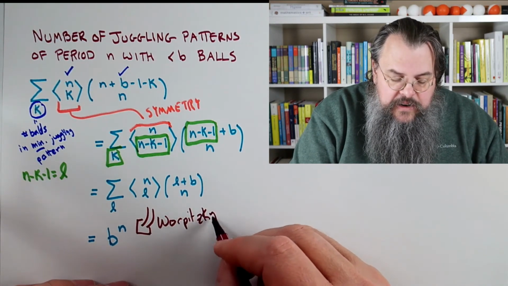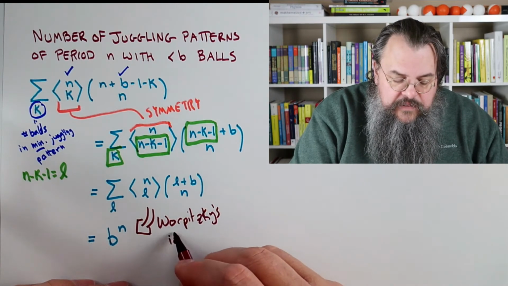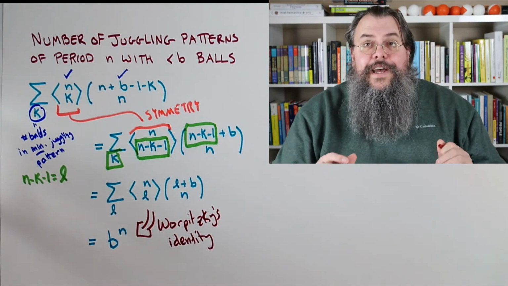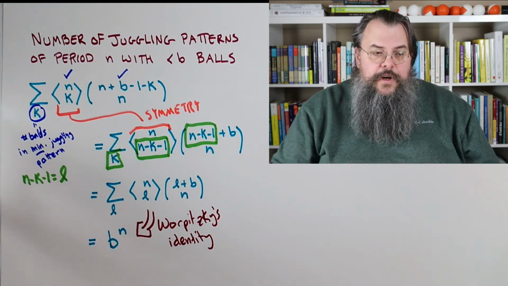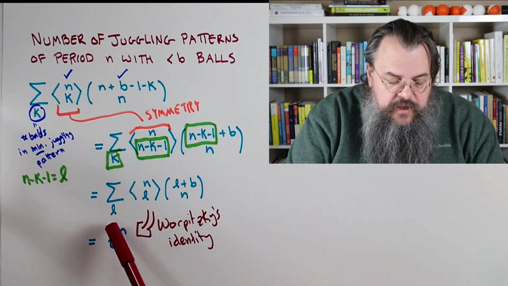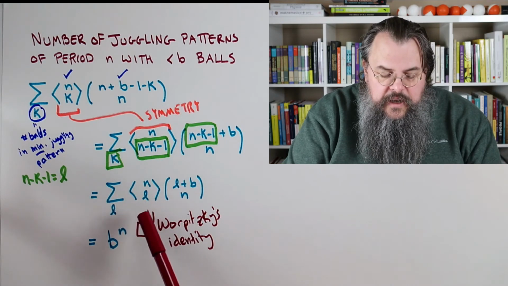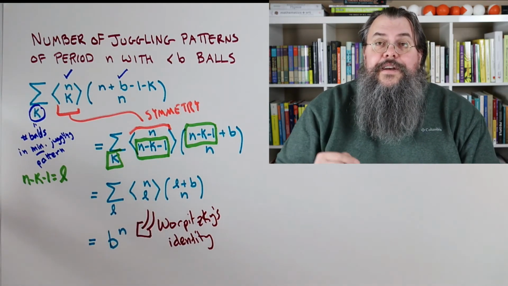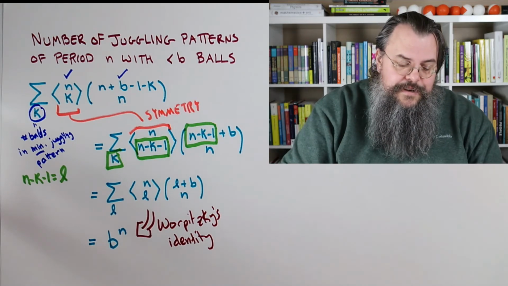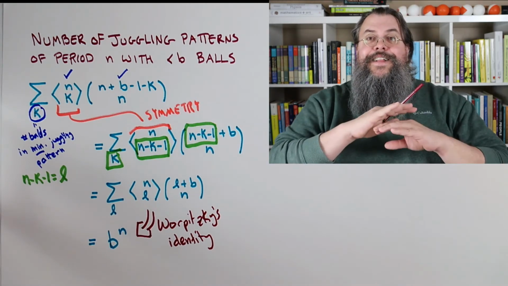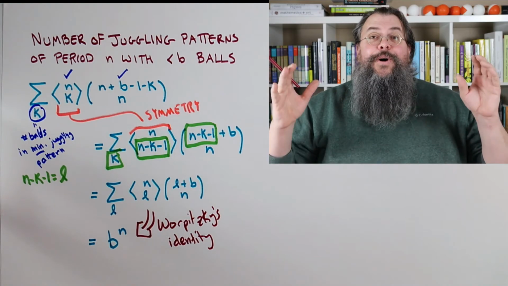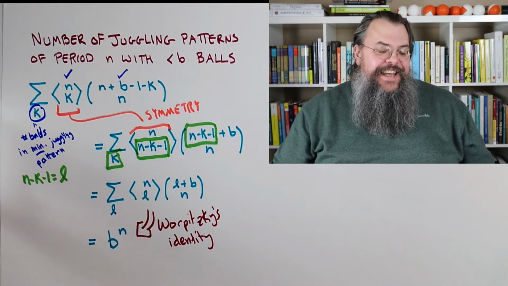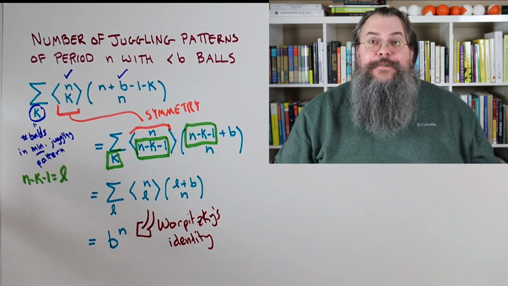And it turns out that this has a very nice, very clean answer. So when we sum over all these possibilities, this Eulerian number N, L, binomial coefficient L plus B, choose N, it becomes B to the N. And that's it. That's cool. Wow! It's such a clean answer.